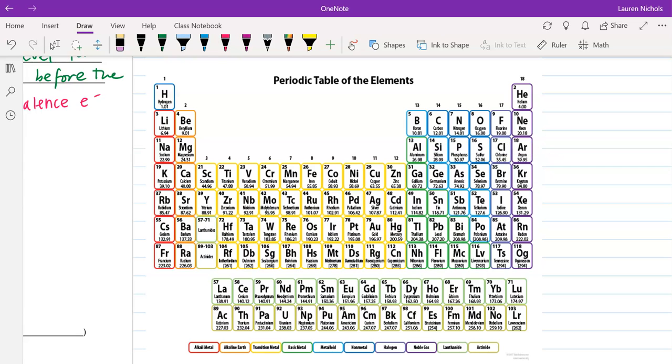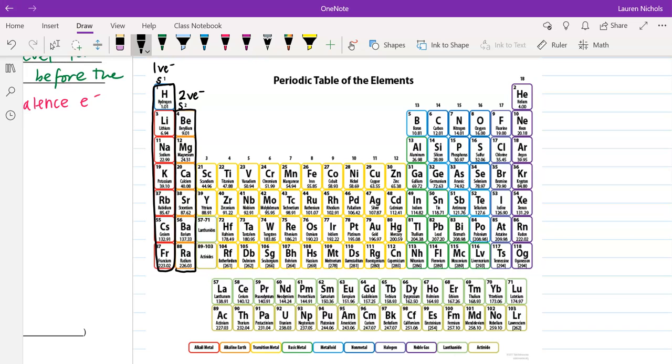Everything in this first column, column 1, is S1. And everything in the second column is S2. So if you have something in that first column, you're always going to have 1 valence electron. The second column, you're going to have 2 valence electrons.